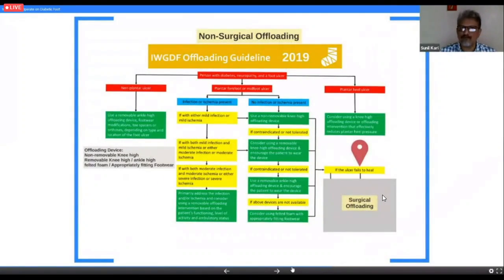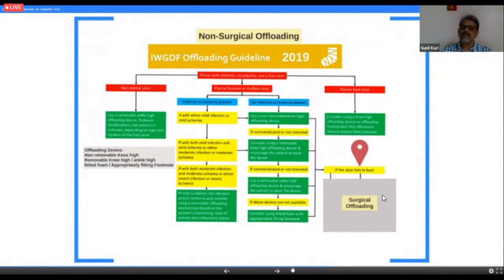And when we go through this protocol for non-surgical offloading, it has been made very clear that persons with diabetes, neuropathy, and a foot ulcer have been categorized into three broad groups: non-plantar ulcer, plantar forefoot and midfoot ulcers, and plantar heel ulcers. The plantar forefoot and midfoot have again been categorized into two groups: infection or ischemia present, and no infection or no ischemia present.